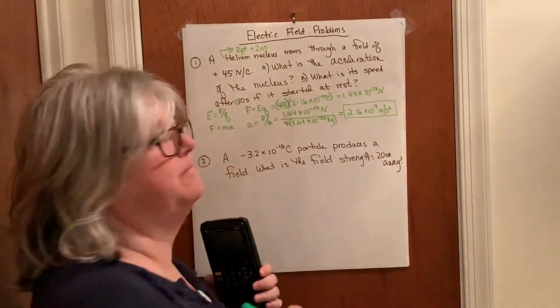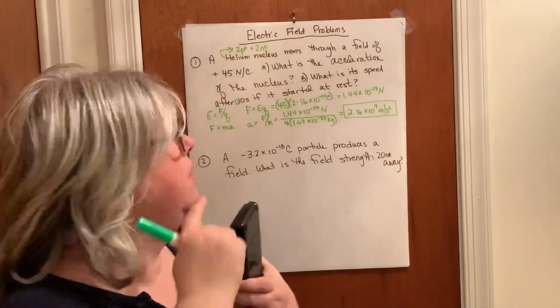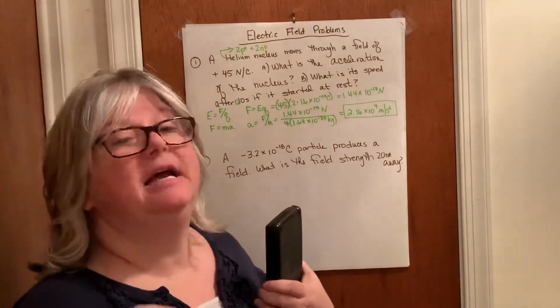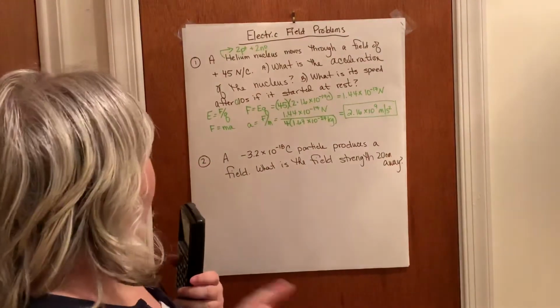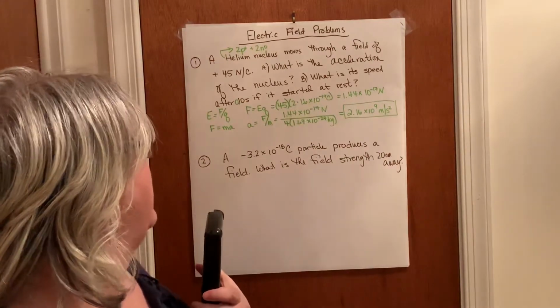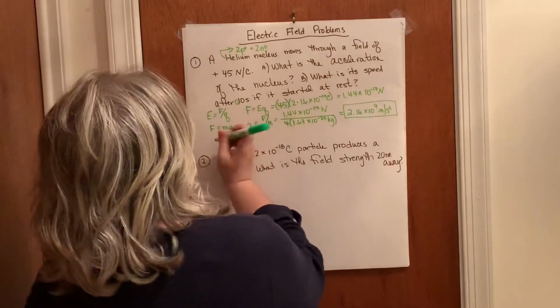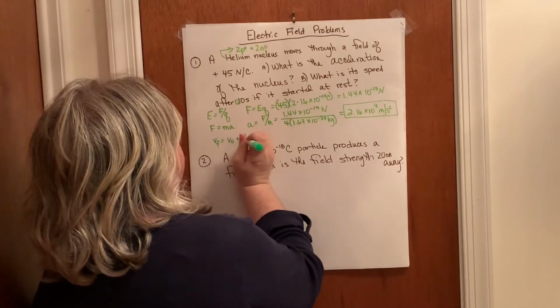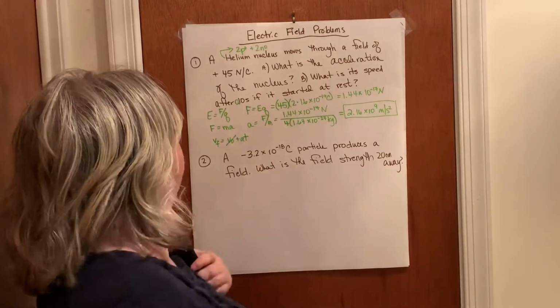Part B. I want to know what my speed is going to be after 0.1 seconds, excuse me, if it started at rest. For this, I'm just going to use one of my old kinematics equations: vf equals vo plus at.